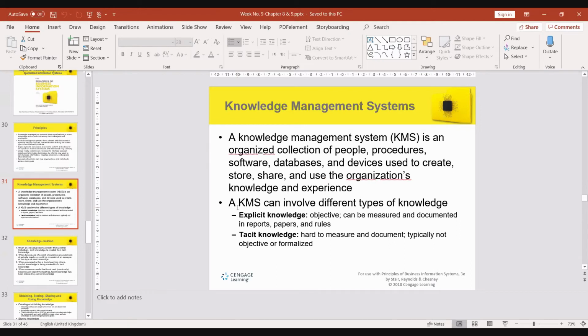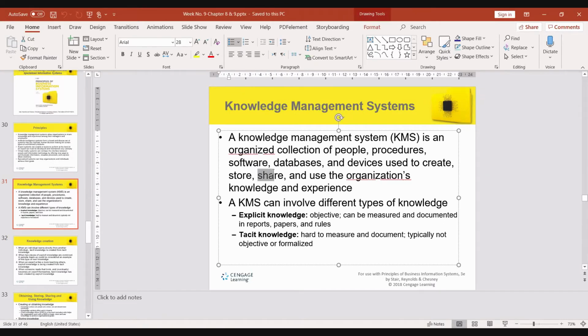A knowledge management system is an organized collection of people, procedures, software, databases, and devices used to create, store, share, and use organization knowledge and experience.